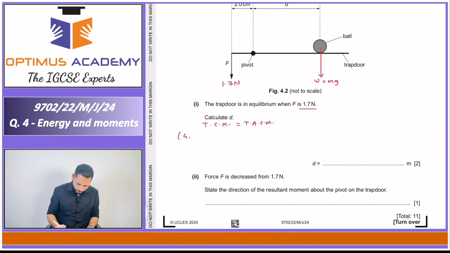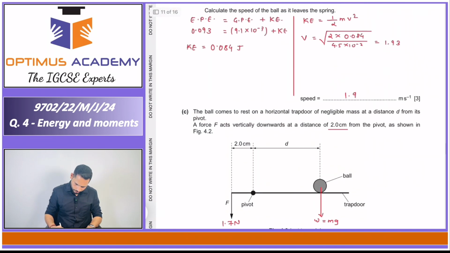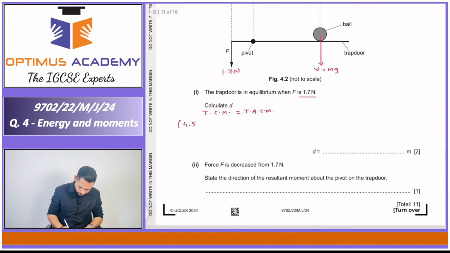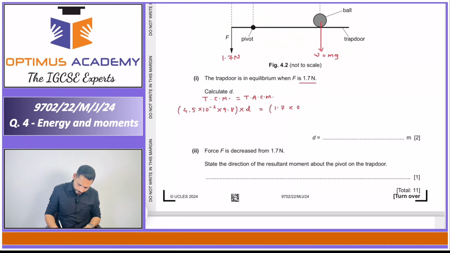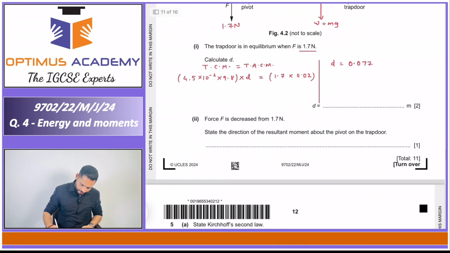It can be given as 4.5 into 10 raised to minus 2 multiplied by 9.8 multiplied by d, and the anti-clockwise moment is produced by F, so it will be 1.7 into the distance, which is 2 centimeter, so we will write 0.02. d will be 0.077.